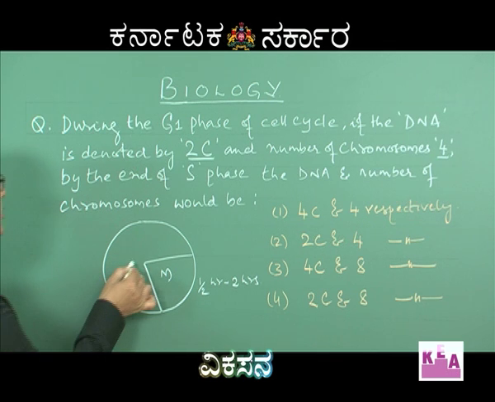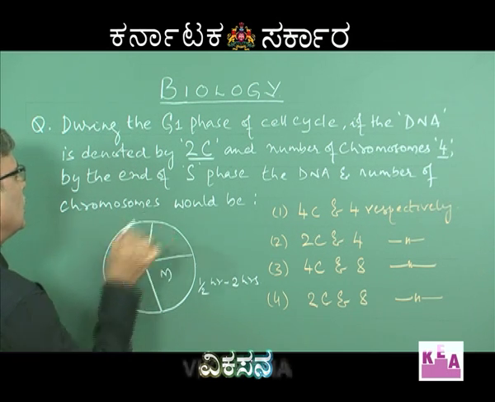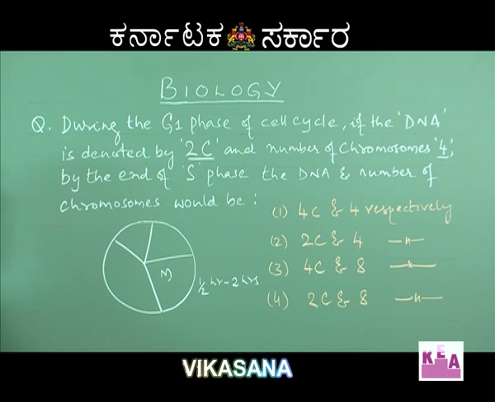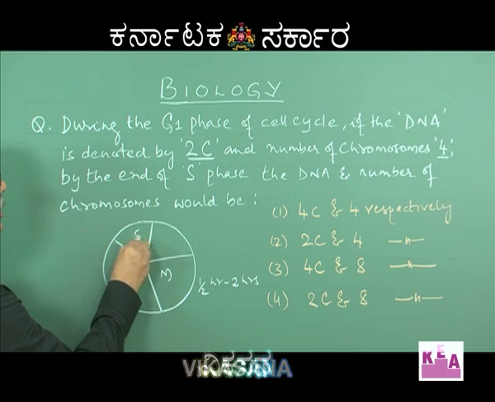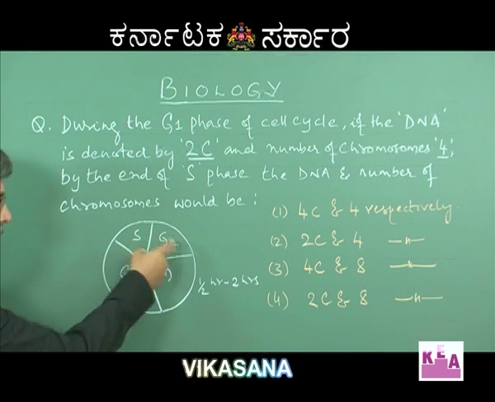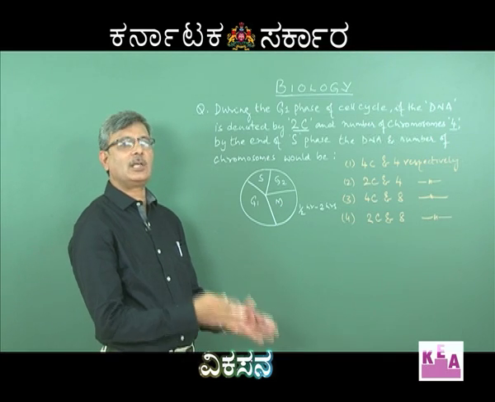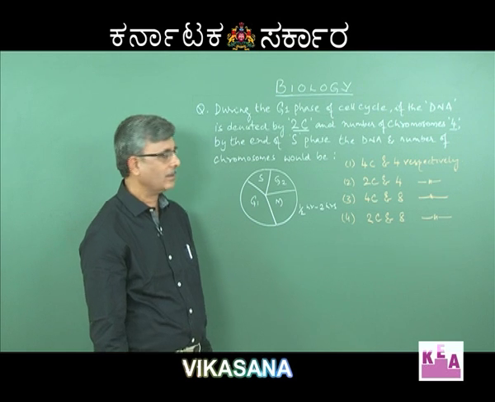The interphase is going to include 3 important phases, namely G1 phase, S phase and G2 phase. So interphase is G1, S and G2. M is mitosis, where the cell is dividing. If the cell like nerve cell, muscle cell do not divide, we call then the cell is in G0 phase.